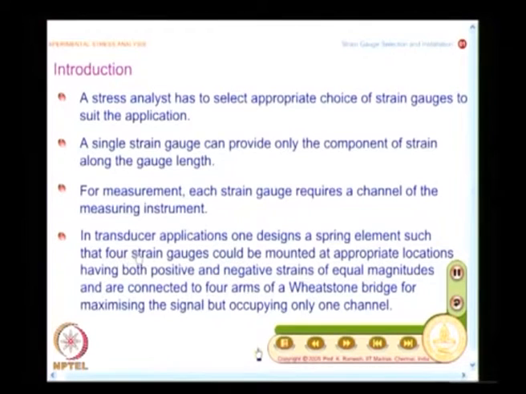See, in the case of transducer applications, one designs a spring element such that 4 strain gauges could be mounted at appropriate locations. Why we do this? In transducer application, you want to maximize the signal and you design your own spring. So, when you design your own spring, you ensure that you quadruple the signal.